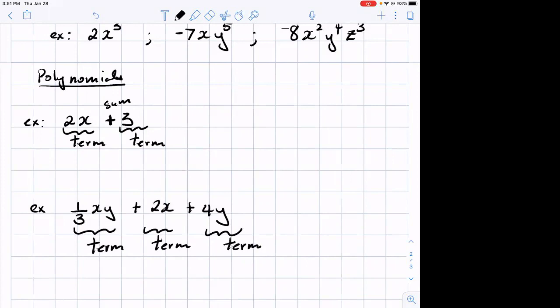So that's what we really mean by it is a finite set, countable set. Here we have a total of 2 terms in the first example. Here we have a sum of 3 terms.